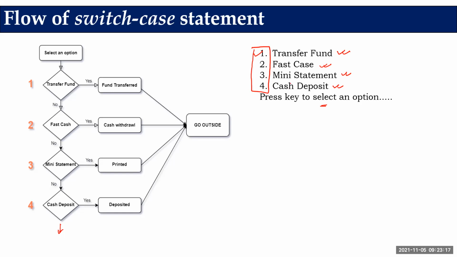So whenever we press a key on the ATM machine keypad, or on our mobile phone while calling a particular service center, this input will come here. Whatever key you have pressed, this input will come here. So what we did is just press a key.